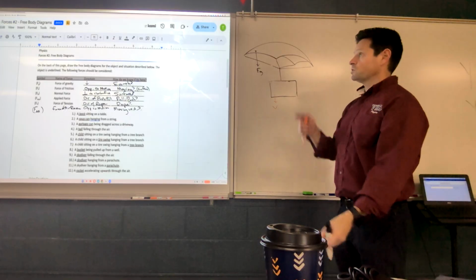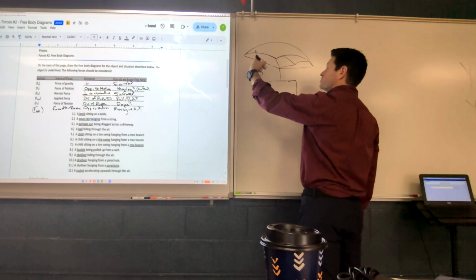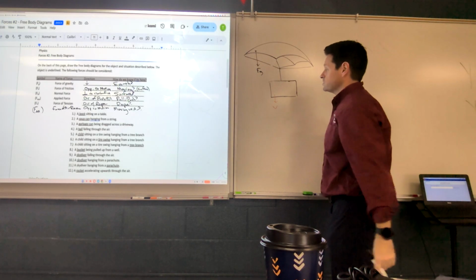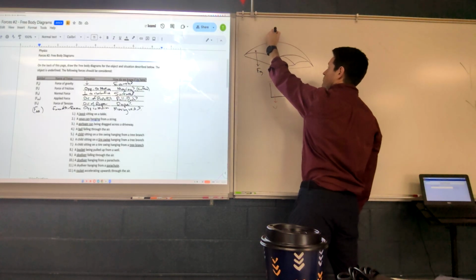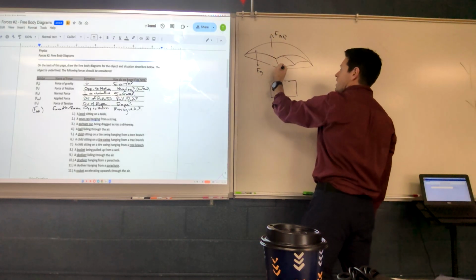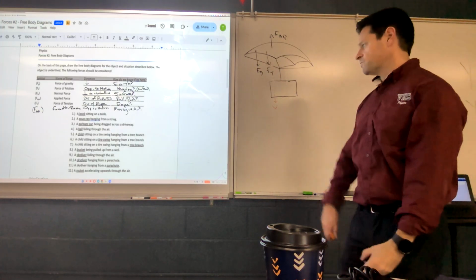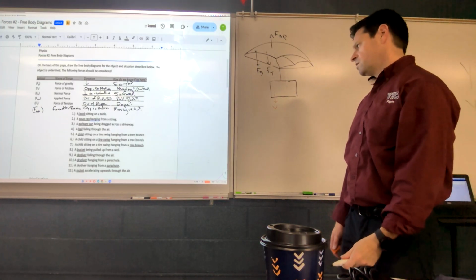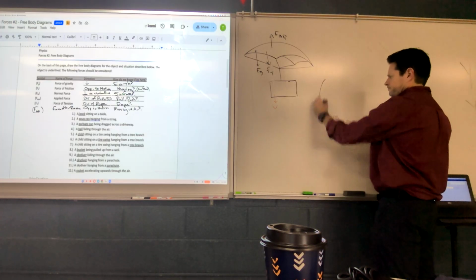And is this parachute on a surface? No, so there's no normal force, and there's no friction. There's just air resistance that is going up because the object is going down. Force of air resistance, and there's a force of tension going down through that rope. Force of tension. And those are the only forces acting on the parachute.